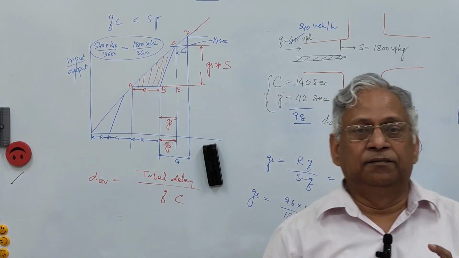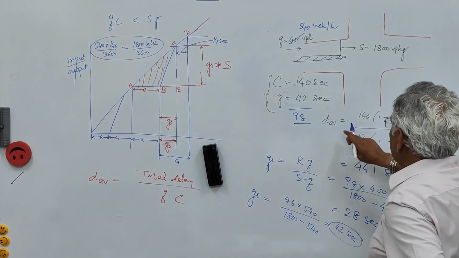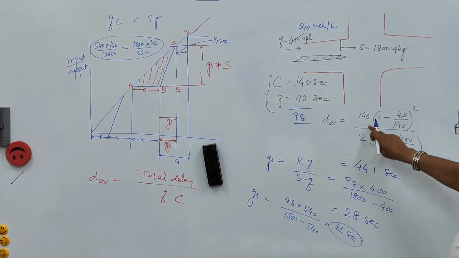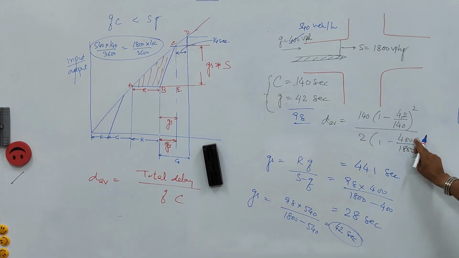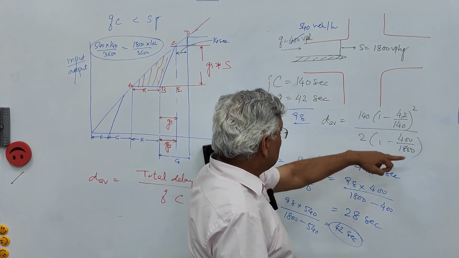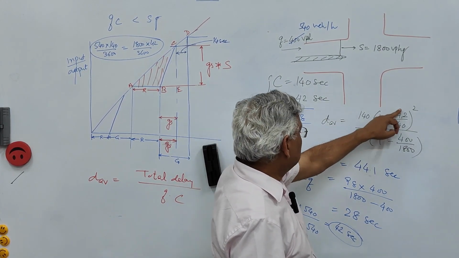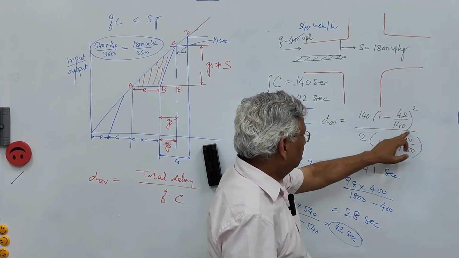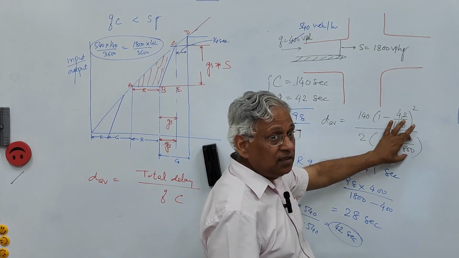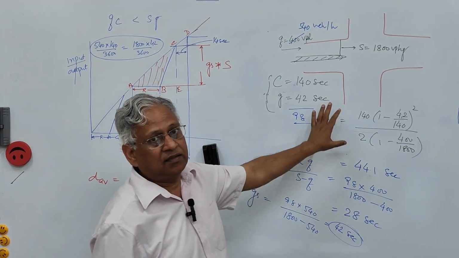That is saturation. And if there is saturation, how much will be the delay? You can calculate delay here. Instead of 400, you now have 540. So in this equation, C remains the same, and the G by C ratio also remains the same. Now Q is 540, so this will increase, 1 minus this will decrease, and therefore delay will increase by some amount.